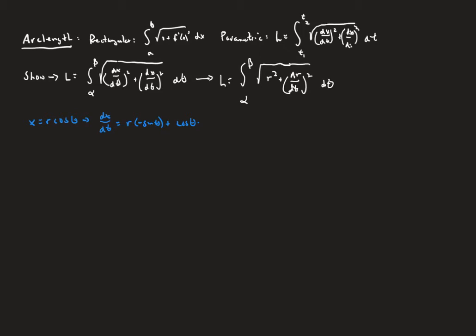Think rose curve, limacon, something like that. So we call that dr/d theta. We'll bring that negative in front of the first one. So we have negative r sine theta plus cosine theta times dr/d theta. So that's our dx/d theta.